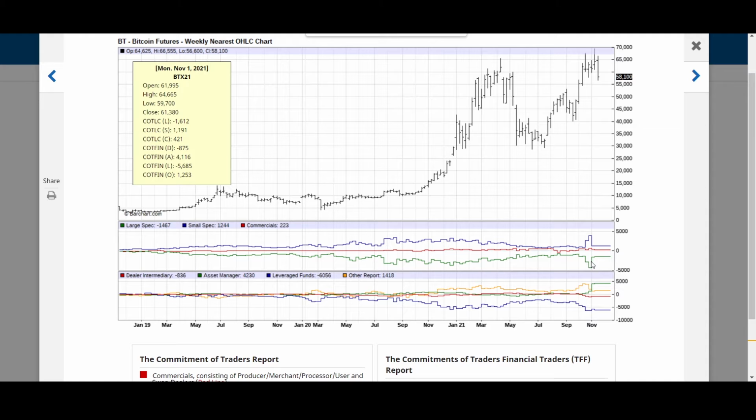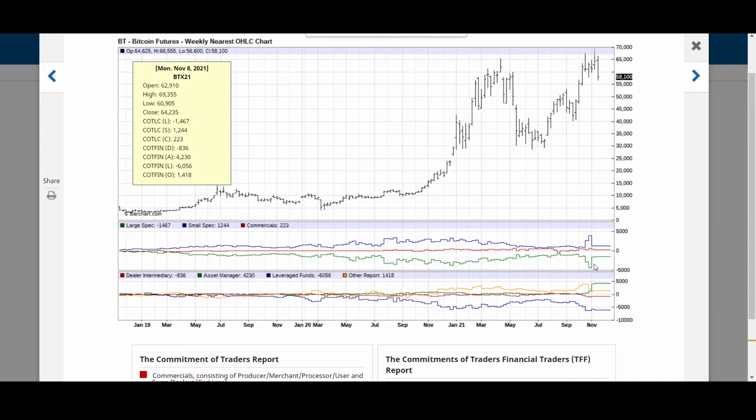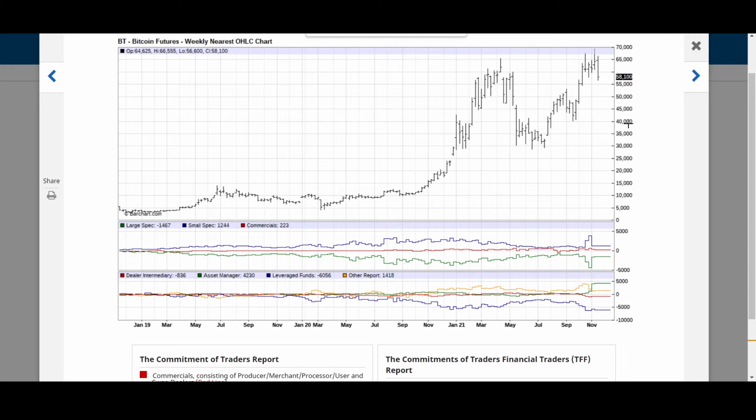So it means literally when this happens, usually we find a possible drop in price, as those large speculators are moving the markets, not the small ones. So it's something that may determine a future move to the downside.